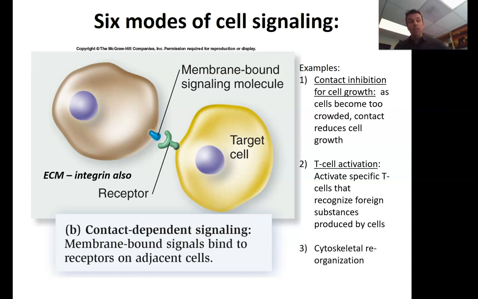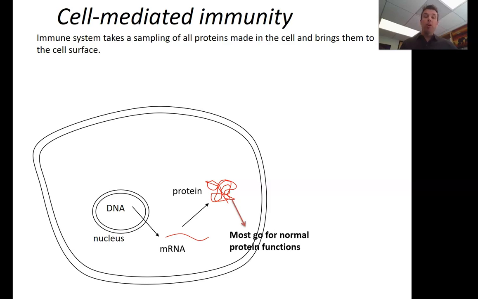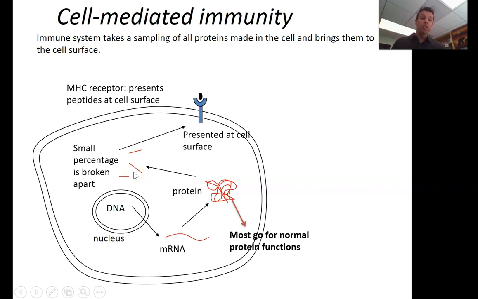So let's go to just a little bit of the idea of T cell activation. So obviously we have our DNA, and our DNA is being transcribed to mRNA, and then that gets made into protein. But if the body wants to know what types of proteins are being made inside this cell, if the T cell is on the outside, it needs to basically get a smattering of the proteins that the cell is making. And so the cell will actually take a very small percentage of the proteins that it makes, chop them up, and load them onto the cell surface on MHC receptors.